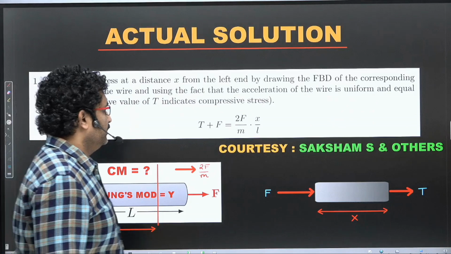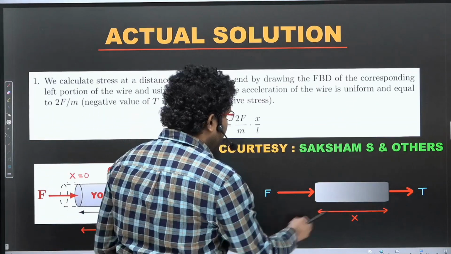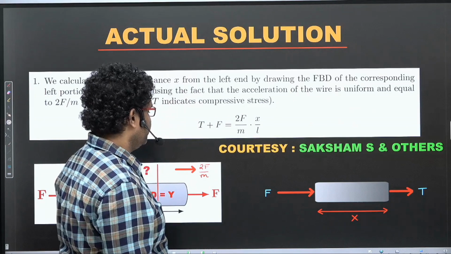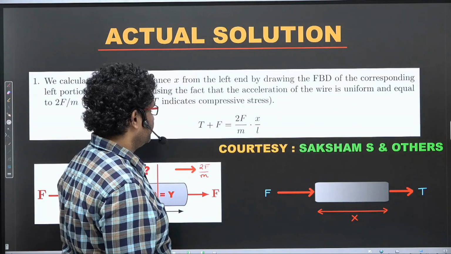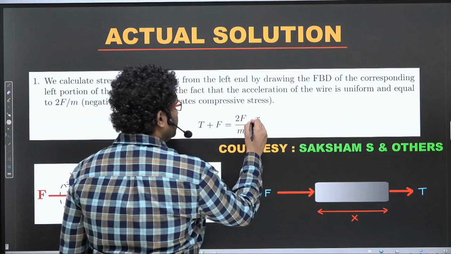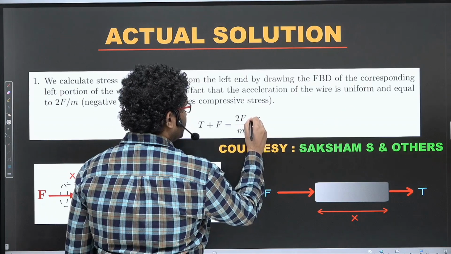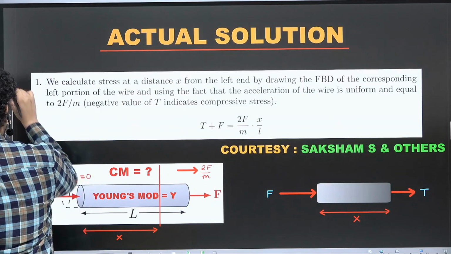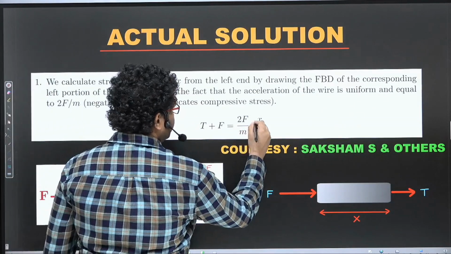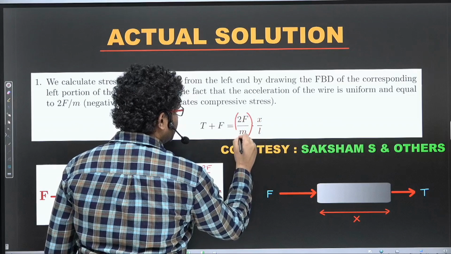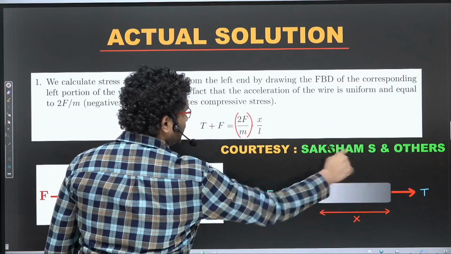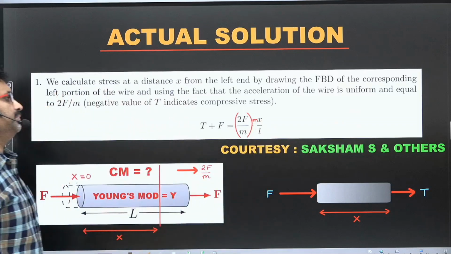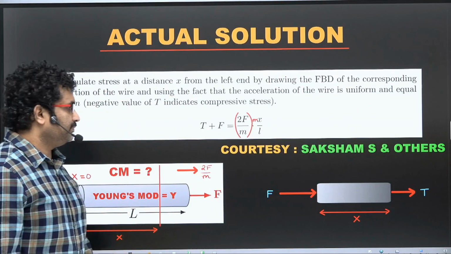Okay, right. And mass is given by the proportionality that we can always look for. So this should be mass into acceleration. So this is the acceleration, and the mass of this particular part should be mx by L. That m gets cancelled actually.